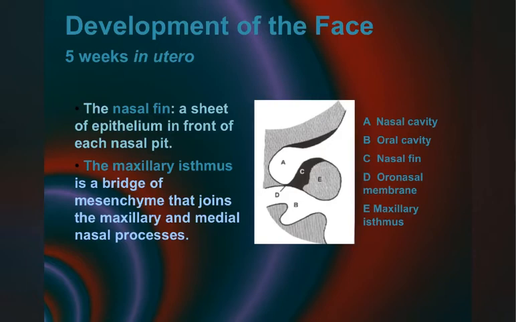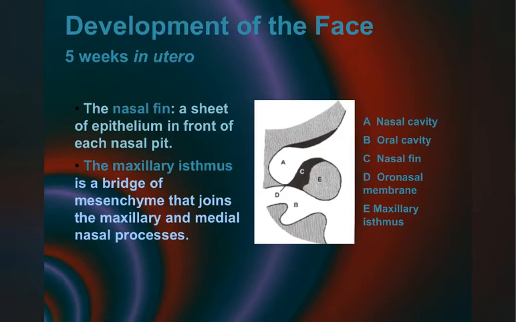This is further illustrated here. Letter A is for nasal cavity, B oral cavity, between them the membrane, the oronasal membrane. So we are still in week 5.